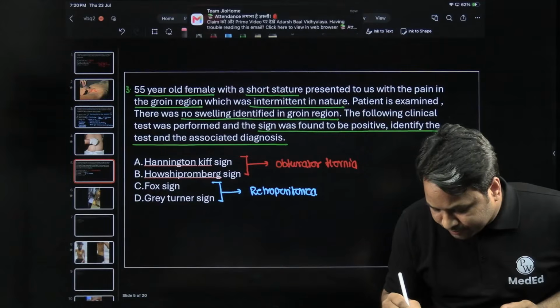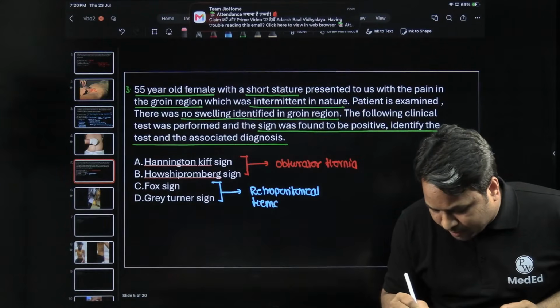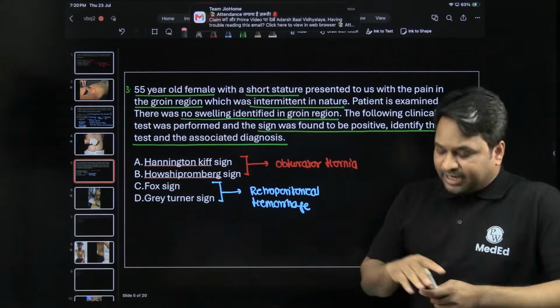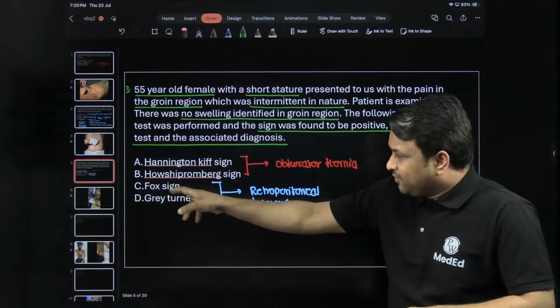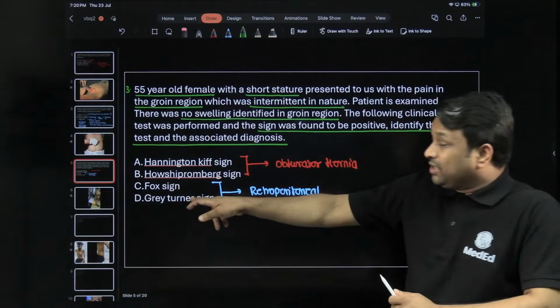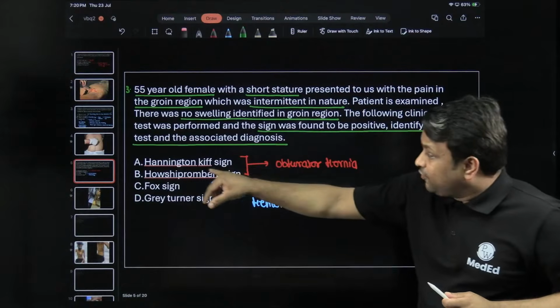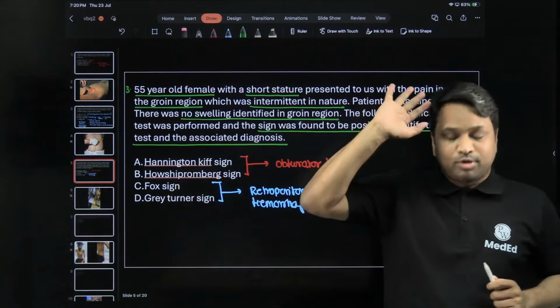Now we have absolute clarity of thought: Fox sign is ecchymosis around the inguinal region, Gray Turner is ecchymosis in the flank region. I have to differentiate between Hannington-Kiff sign and the Hausche-Bromberg sign. As simple as that. Okay, let's see.